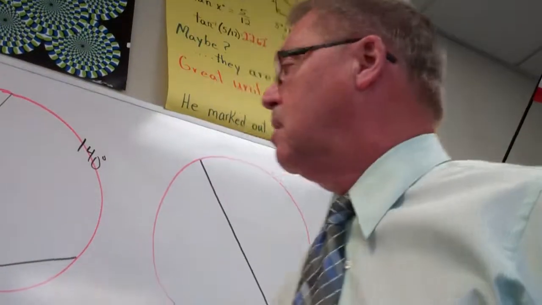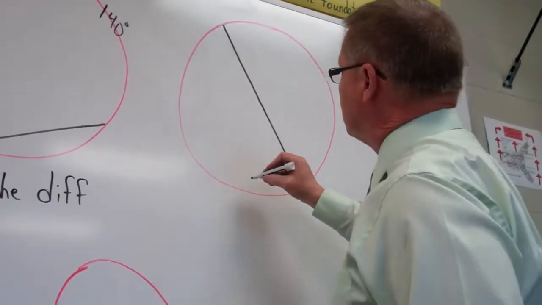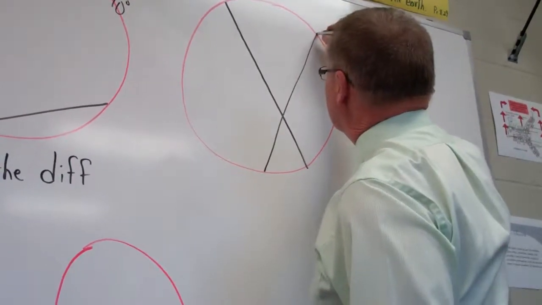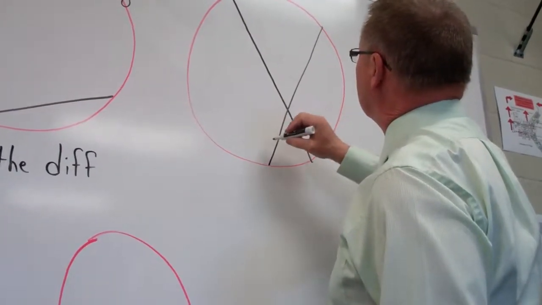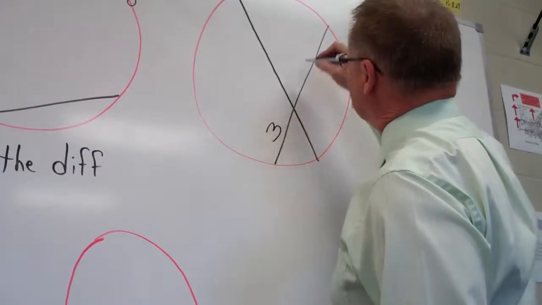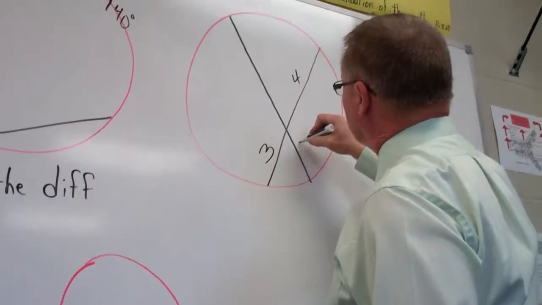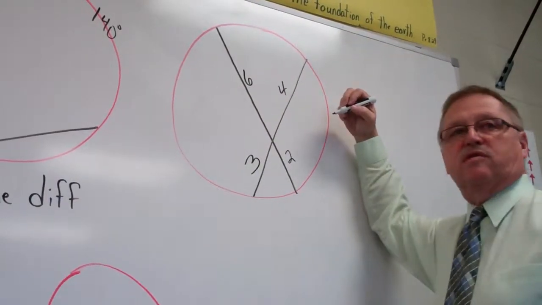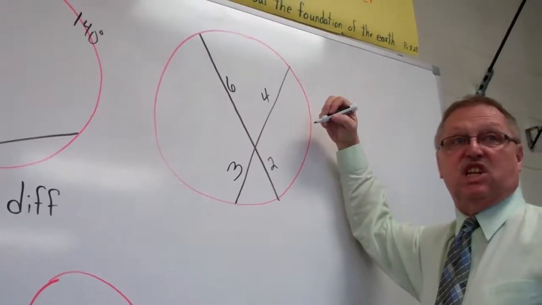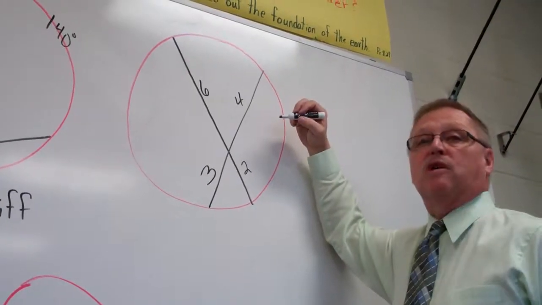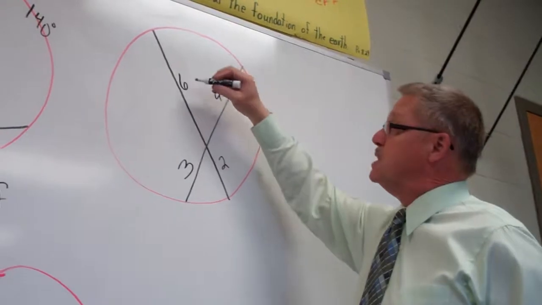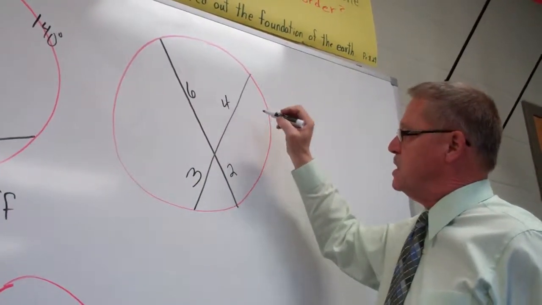Yep. One of the cases is 2 chords. This is case one of segments crossing inside of a circle. If you have two chords crossing inside of a circle, piece times piece equals piece times piece.